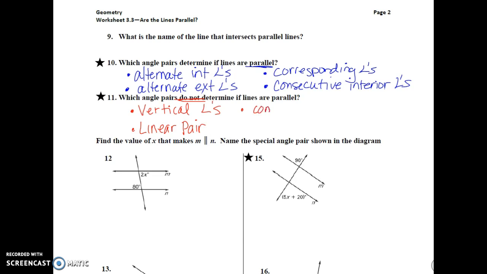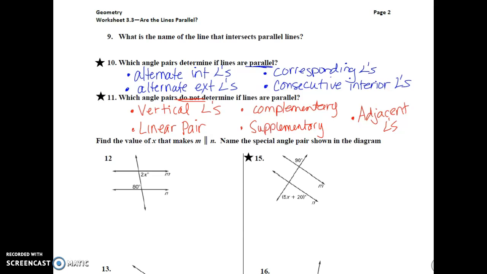If we have complementary angles or supplementary angles, that does not make lines parallel. And we can even say adjacent angles do not make lines parallel. Those are angles that are just next to each other.